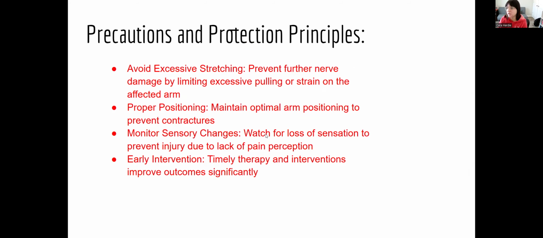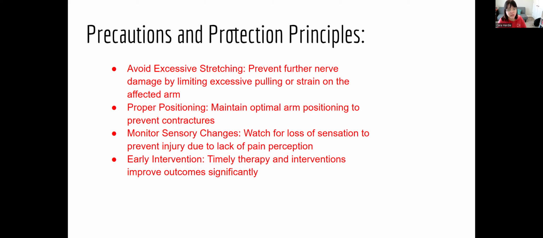For precautions and protection principles, we have avoid excessive stretching, prevent further nerve damage by limiting excessive pulling or strain on the affected arm. Again, this will lead into how you dress your infant. Proper positioning, maintain optimal arm positioning to prevent contractures. Again, when they're younger, they do also have those braces that go on them as well.